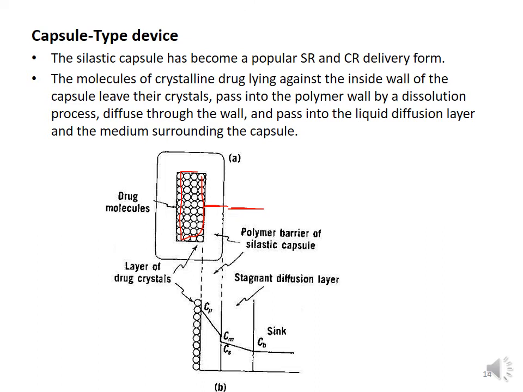The concentration difference across the polymer wall is called HM, and the stagnant aqueous diffusion layer thickness is called HA.